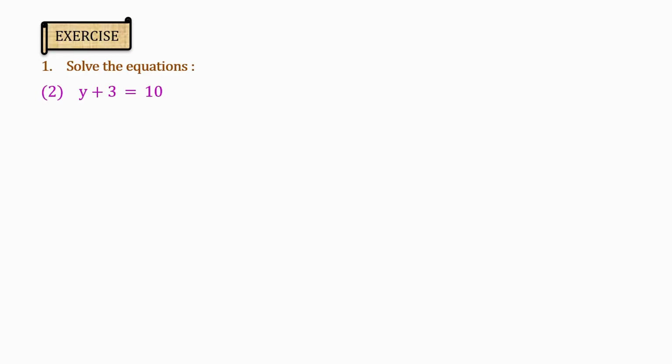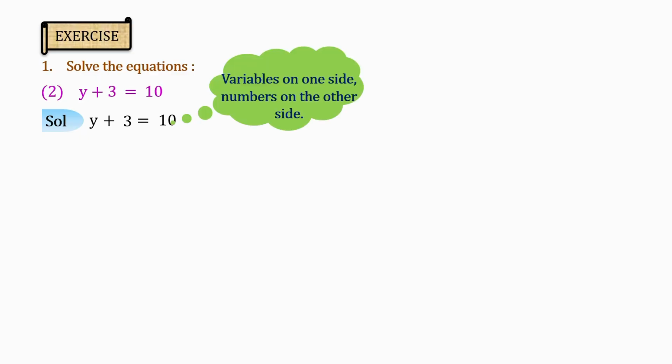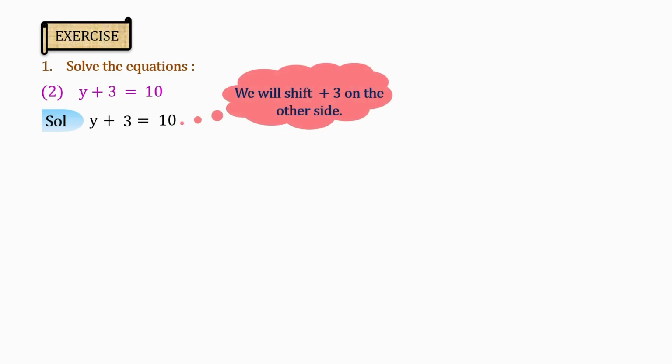Now, let us solve another problem. y plus 3 equal to 10. Same, variables on one side and numbers on the other side. So, now we will shift plus 3 to the other side.